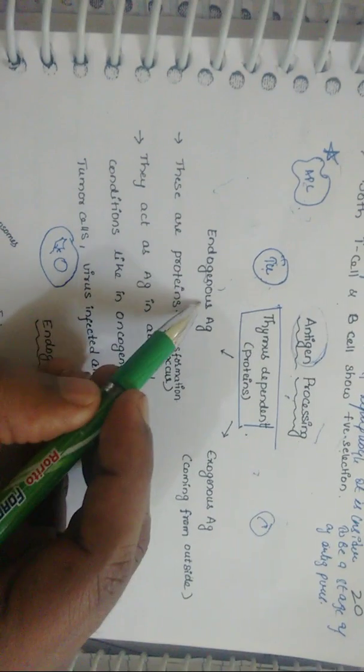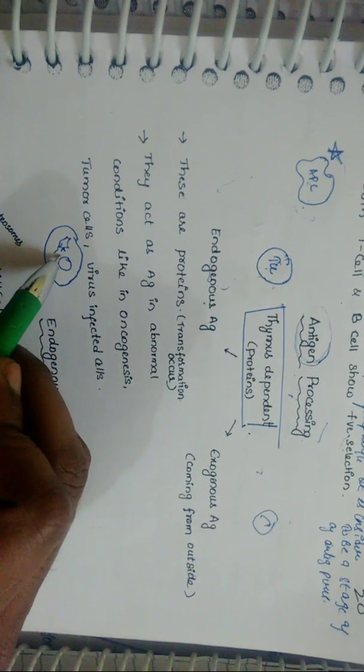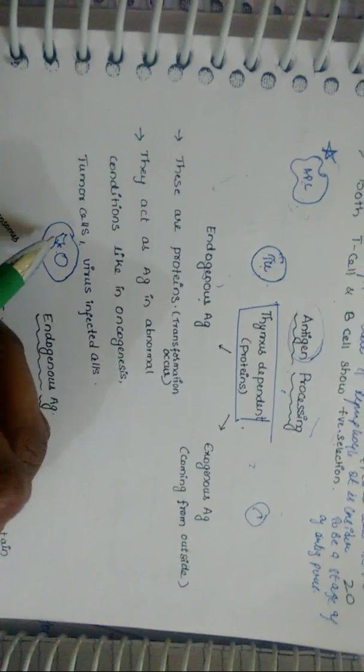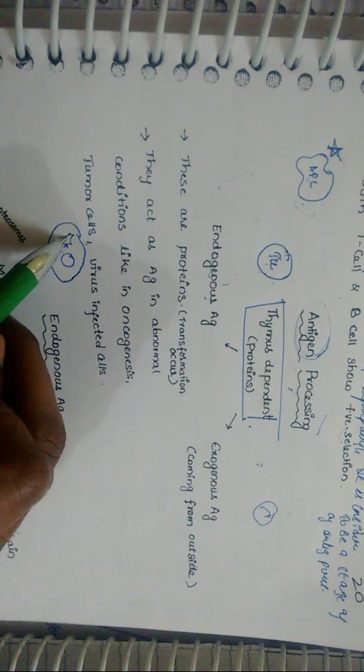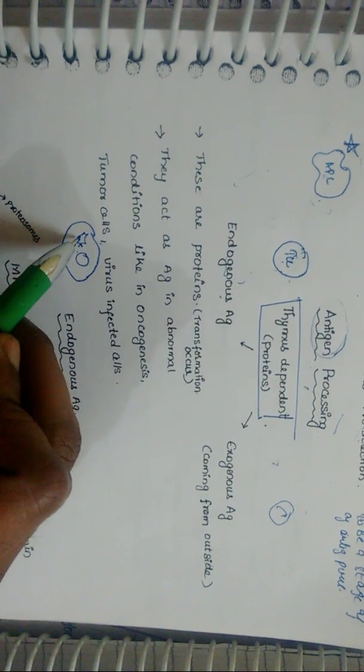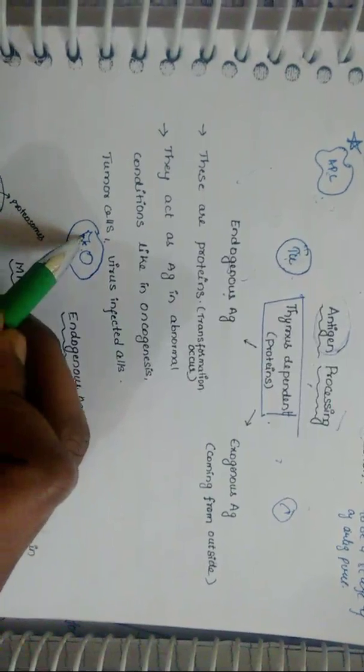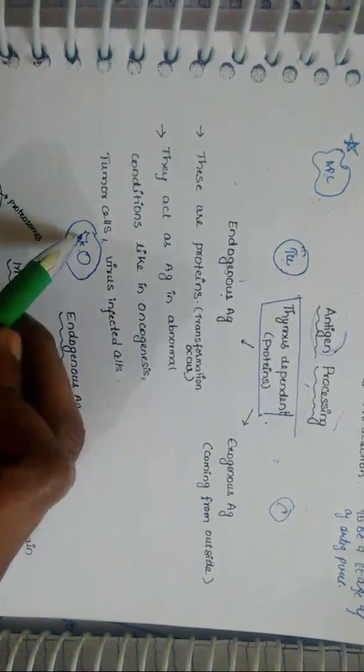So I call it endogenous. You have some abnormal proteins in the cell, and that protein or abnormal cell or virus present in the cell has to be kicked out. We have to kill this. That is all about the endogenous antigen in our notes.